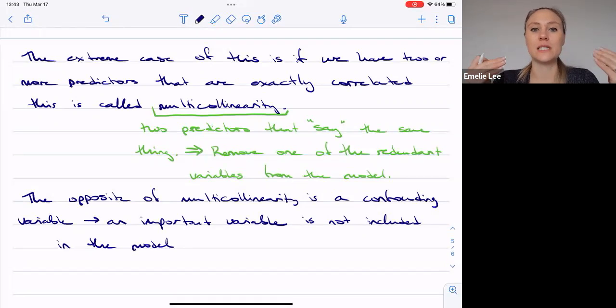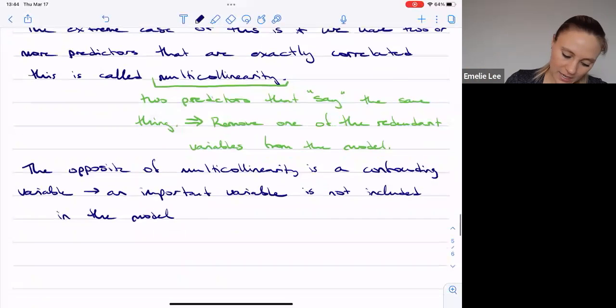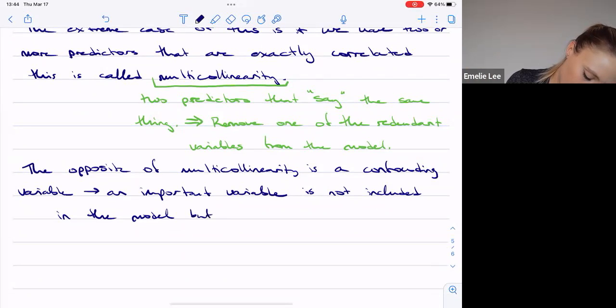So then I could use the date as a substitute for that missing variable that is affecting the relationship, right? So there's things that we can do, even if you haven't collected that information explicitly. Maybe there's a variable that can kind of stand in its place. So an important variable is not included in the model, but affects the relationship.